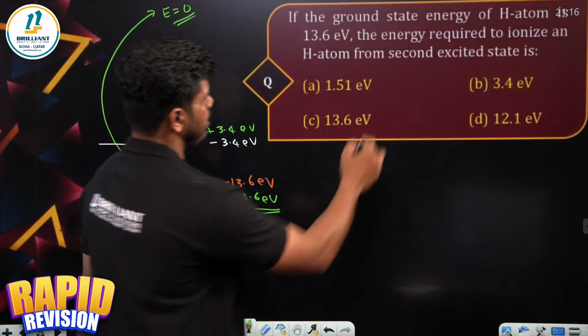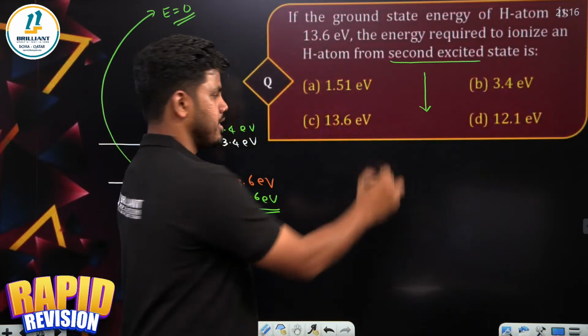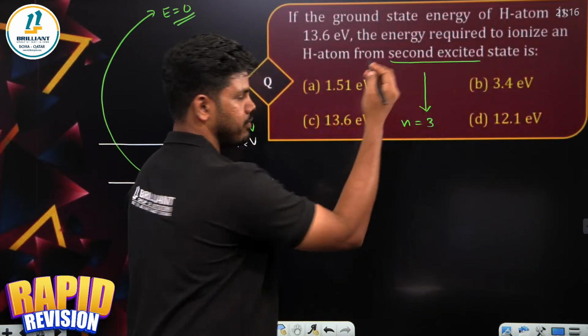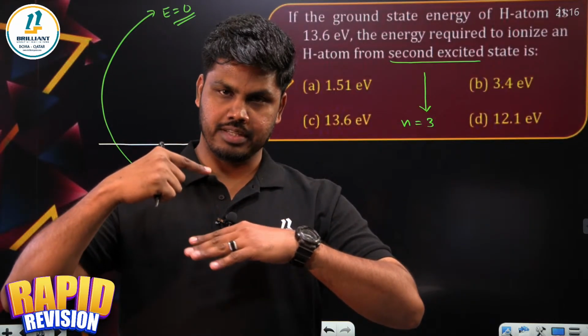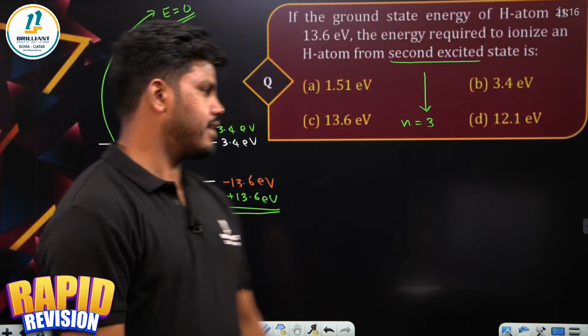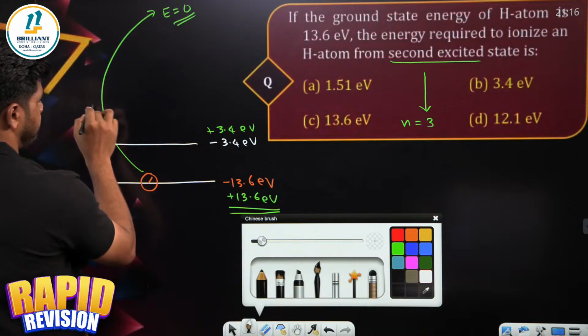And in this case, you are asked from the second excited state. What do you mean by second excited? Second excited is n is equal to 3, we know, right? Ground state is n is equal to 1, n is equal to 2 is the first excited, n is equal to 3 is the second excited, and so on. So for n is equal to 3, tell me the value.